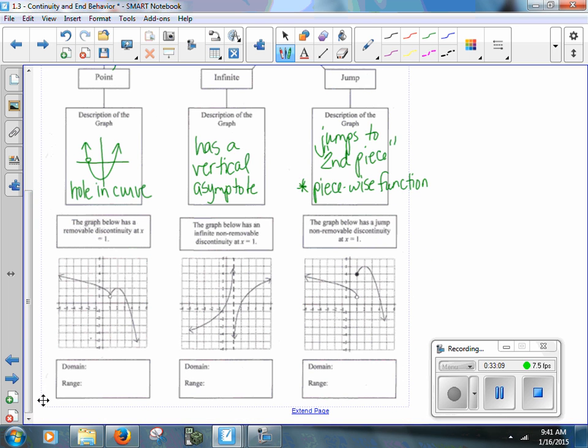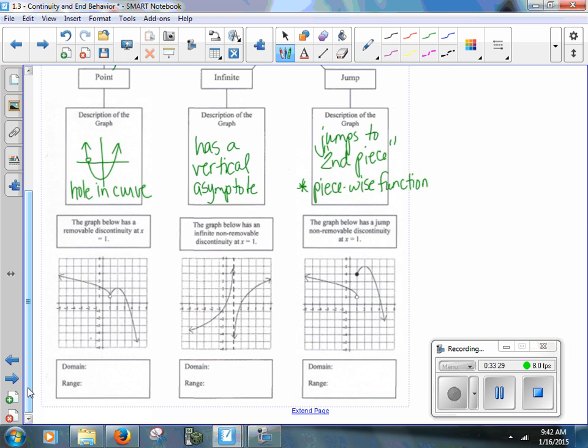Check the pictures below. The graph below has a removable discontinuity at x equals 1. Do you guys agree with that? Yeah? What was the domain? Write the domain and the range of that first picture for me.